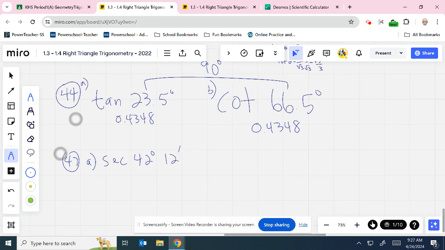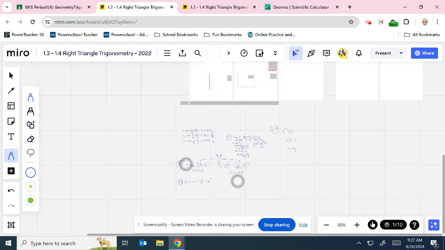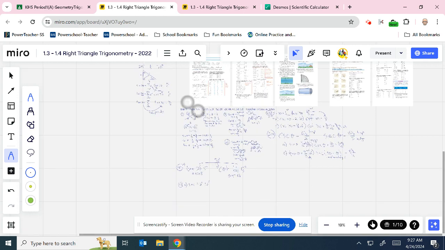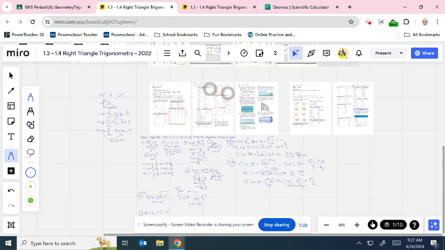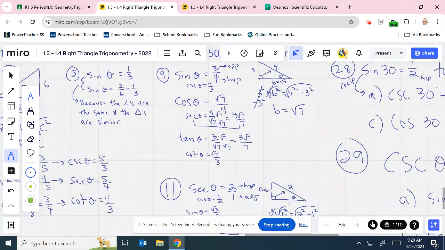What is that minutes thing? Wait, minutes? I thought minutes was time. Why is 42 degrees, 12 minutes there? Interesting. Because that's what it says up here in number 47. It says secant 42 degrees and then 12, and it has a one tick mark, which is minutes. What are minutes?